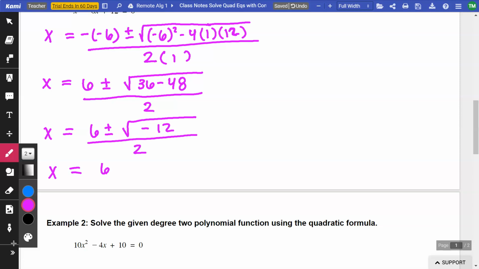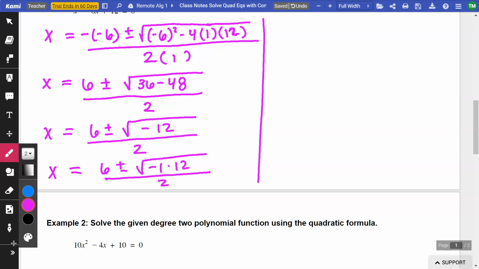So x is equal to 6 plus or minus the square root of, I'm going to rewrite negative 12 as negative 1 times 12, all over 2. So x is equal to 6 plus or minus the square root of, negative 1 can be replaced with i squared, and then 12 is really 4 times 3.